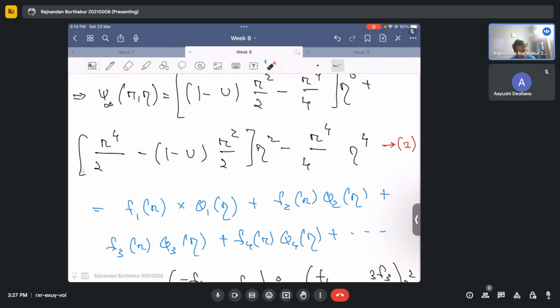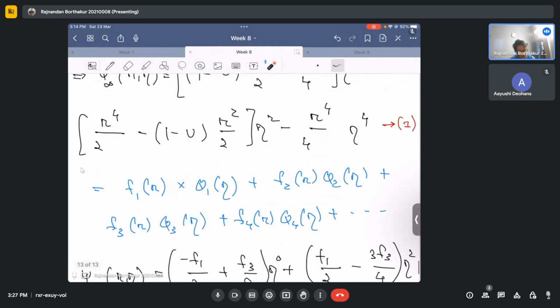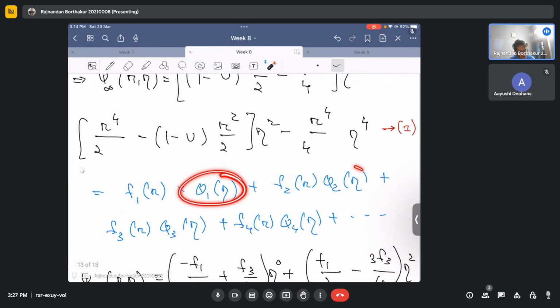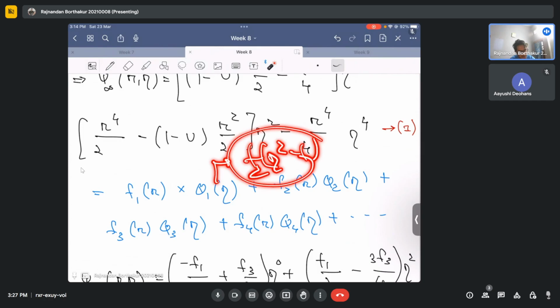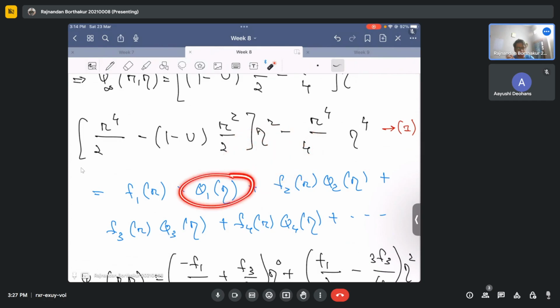So we wrote ψ infinity as some function of r times some function Q_n of η. Then we expanded Q1, Q2, Q3 and Q4. As I said, Q1 is nothing but half of (η² minus 1), and that's why we substituted half of (η² minus 1) in place of Q1.